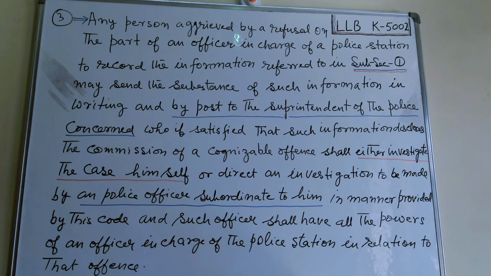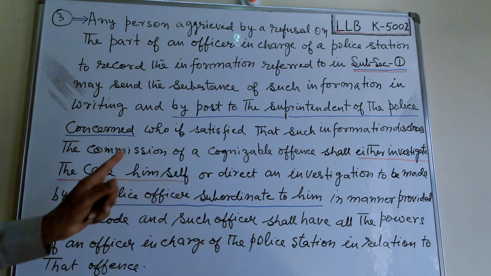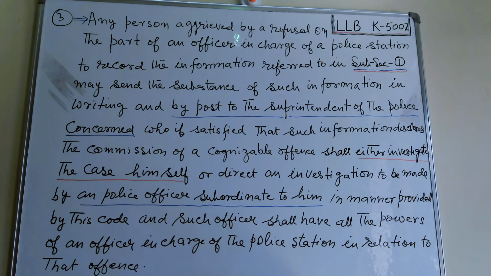If any police station refuses to enter the FIR, the informant should send the information to the concerned police superintendent, who, if satisfied that such information discloses the commission of a cognizable offense, shall either investigate the case himself or direct an investigation to be made by a police officer subordinate to him in the manner provided by this code, and such officer shall have all the powers of an officer in charge of the police station in relation to that offense.